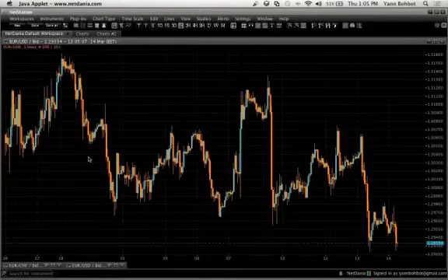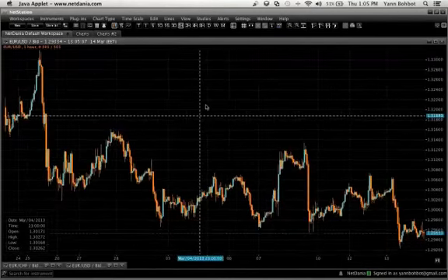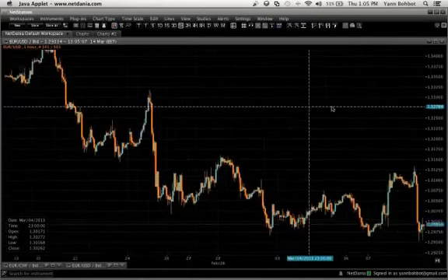Let's check it out on our current market. There was a time on the Euro US dollar when it was very, very stable. We're going to have a small look.